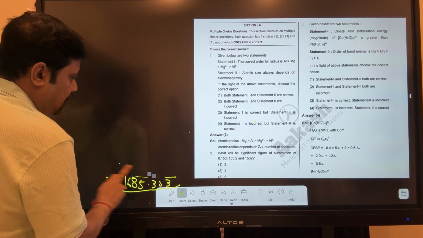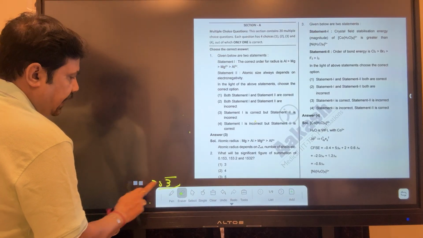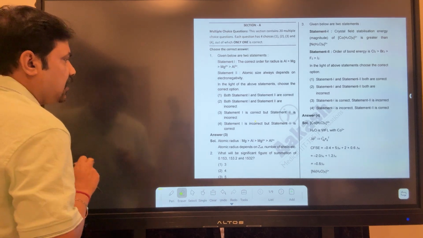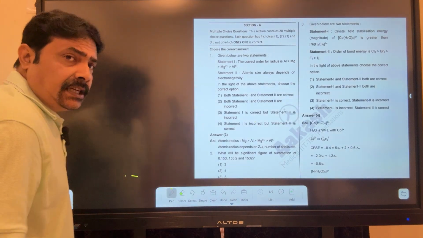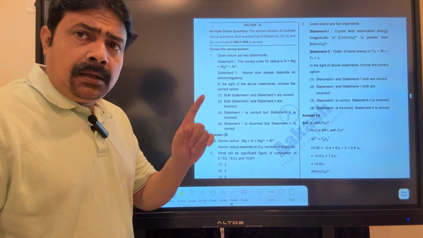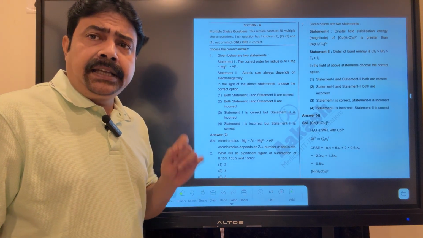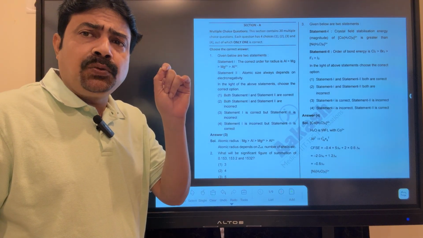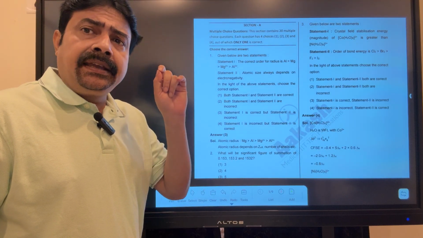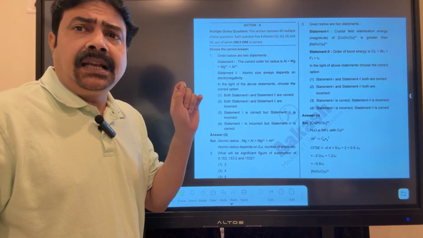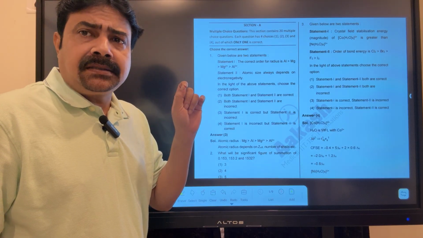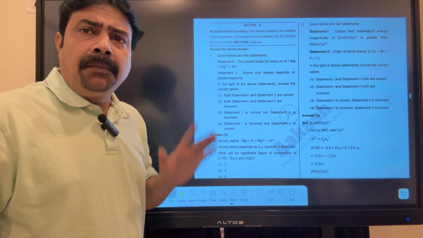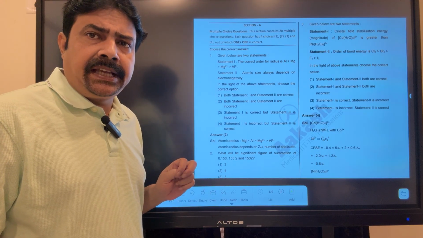Based on the ligand there will be different electron filling orders: if the ligand is strong field, then pairing occurs against Hund's rule and you get a low spin complex, whereas if the ligand is weak field, pairing does not occur and you get a high spin complex. Based on that, you get different crystal field stabilization energies.